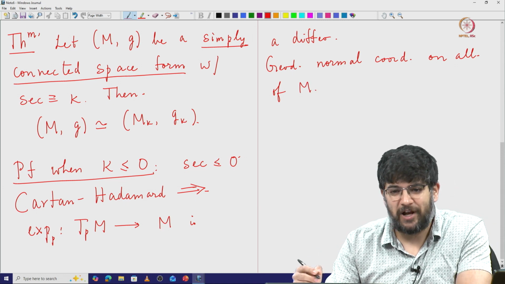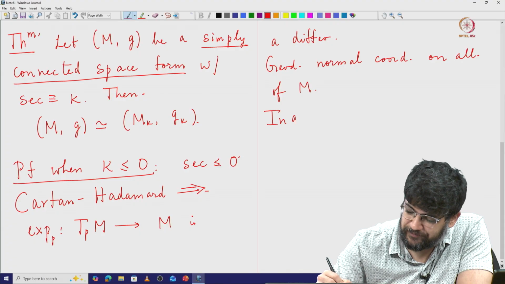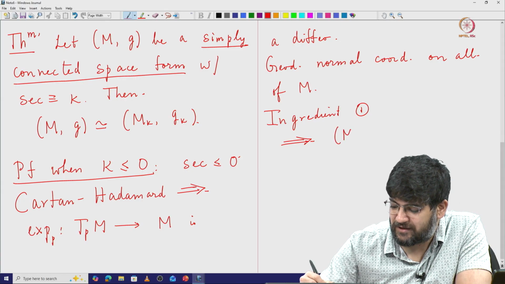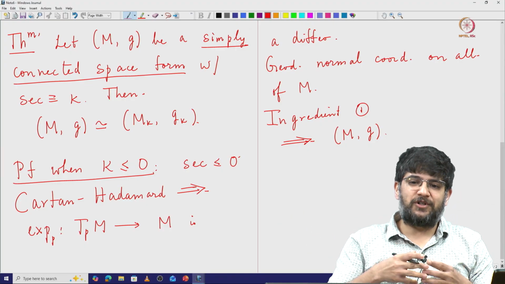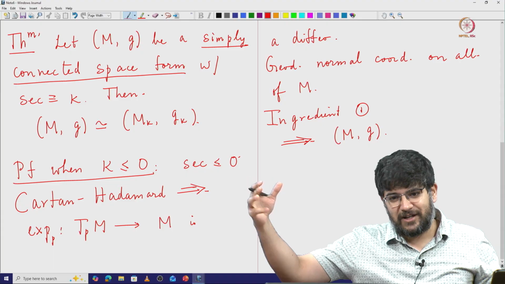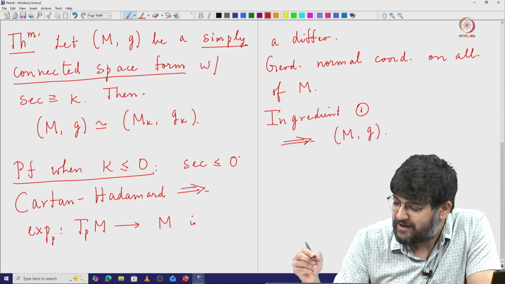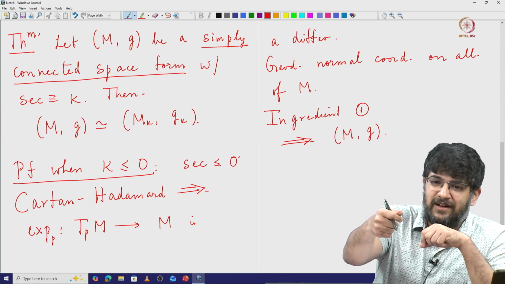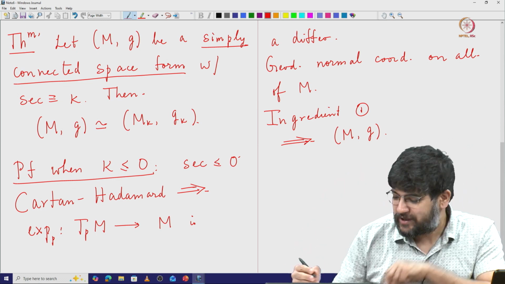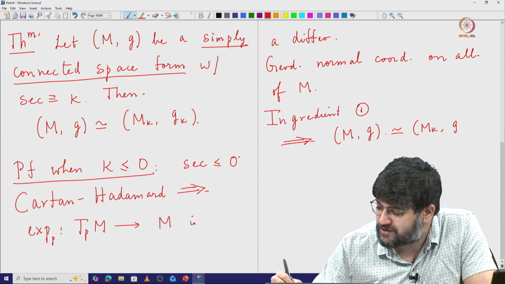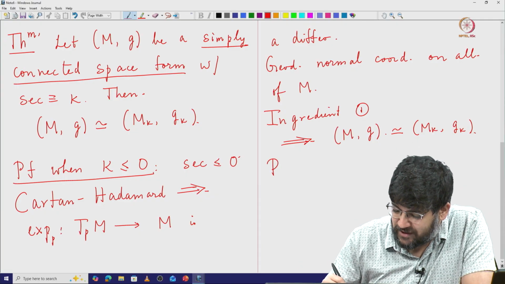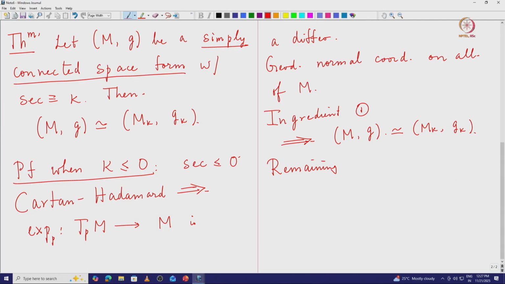Now you can apply ingredient 1 to explicitly write down the metric in polar coordinates, but that is exactly identical to the metric of the model space in polar coordinates. So that shows that this has to be isometric to the model space, and we are done. All that now remains is when kappa is positive.